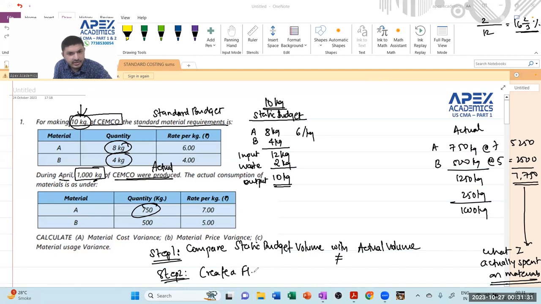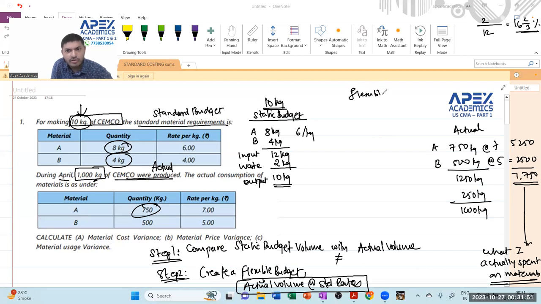create a flexible budget. Flexible budget will be actual volume at standard rates, and it is this revised flexible budget, this table of flexible budget, that is the most important input in this question.